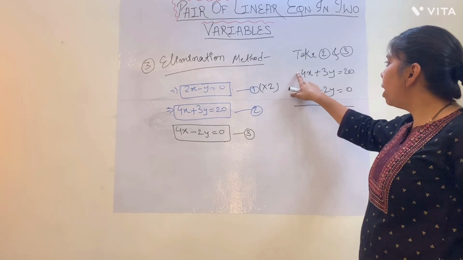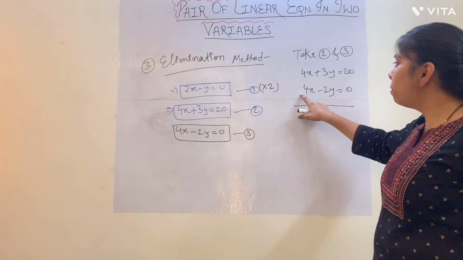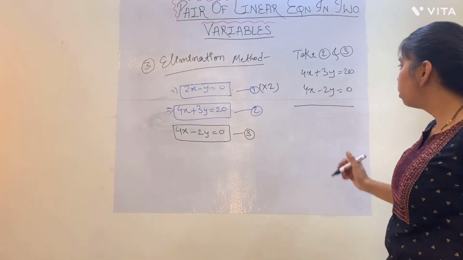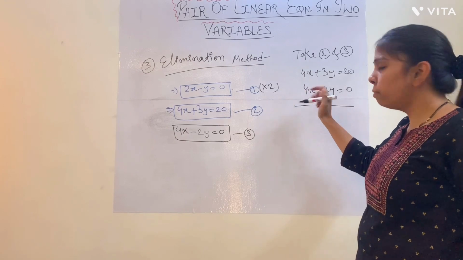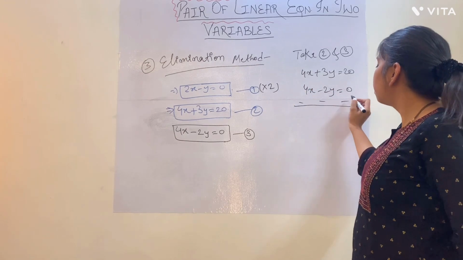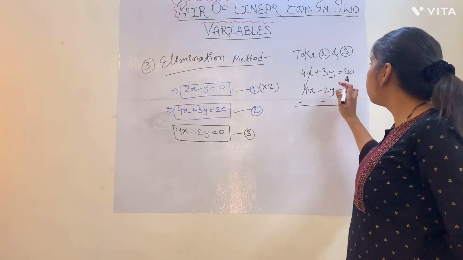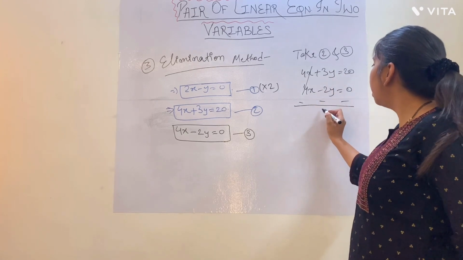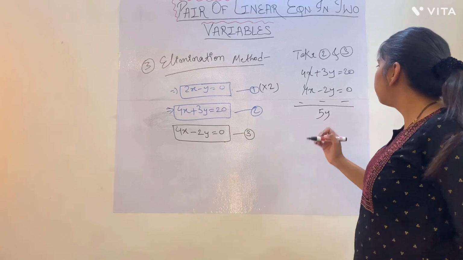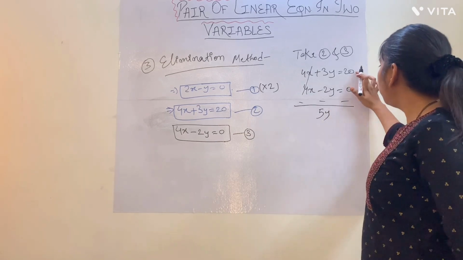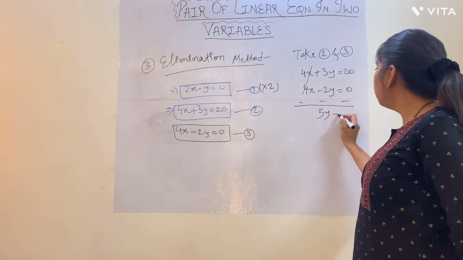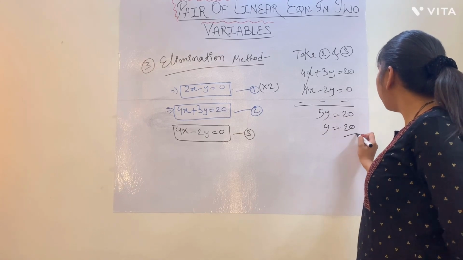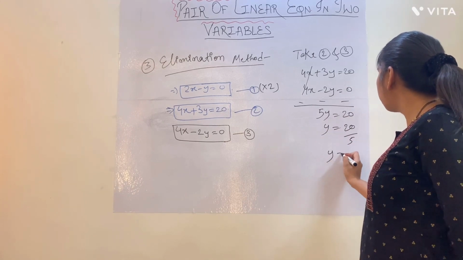If the value in the first equation is positive and in the second equation is negative, we have to add them. So here both are positive, so we will subtract. 4 minus 4 is 0, and minus minus is plus, so 3 plus 2, we get 5y. And here 20 minus 0 gives 20. So the value of y is equal to 20 by 5, that is y is equal to 4.